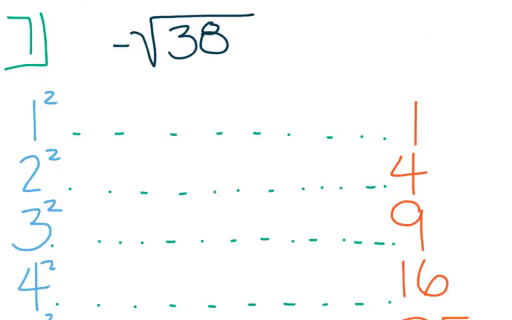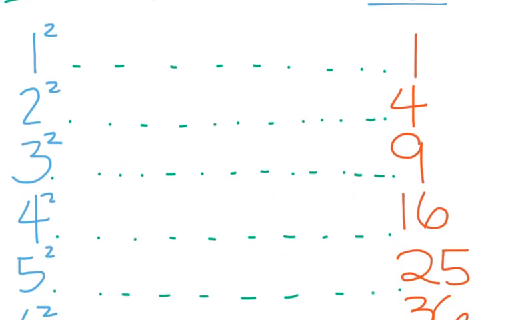Okay. So for number 7, we are trying to figure out between which 2 consecutive integers is each square root. So the square root of 38, it's not a perfect square. We're going to end up with a decimal that's probably irrational, that keeps going on and on. So we're going to look at this row over here. What 2 perfect squares is 38 between?